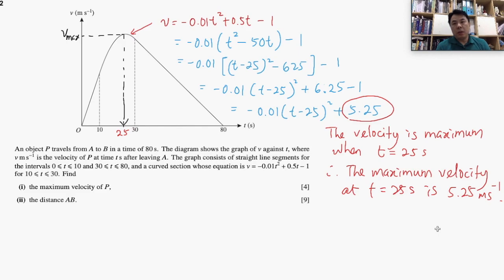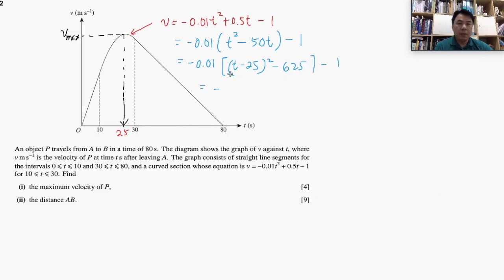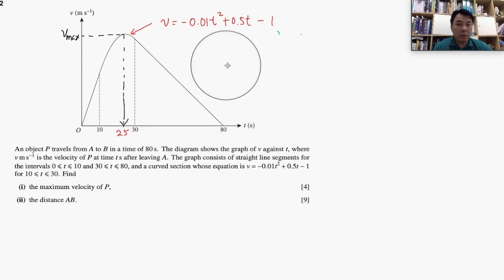Now, of course, some of you are asking, are there any other methods that we can use? Yes, for sure. Now I'm going to clean this up and show you another way to approach this question number 1. It's also a good alternative method to check whether what we did before was accurate.